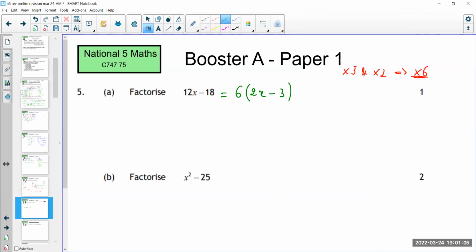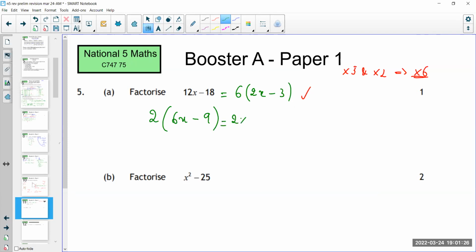Okay. So because it's one mark, you need to get to this to get your answer. But let's say you said, oh, I can't remember my 6 timetable. You can have 2 times 6x minus 9. And hopefully you'll be able to see that 6 and 9 goes in the 3.